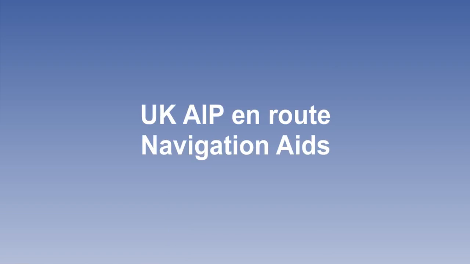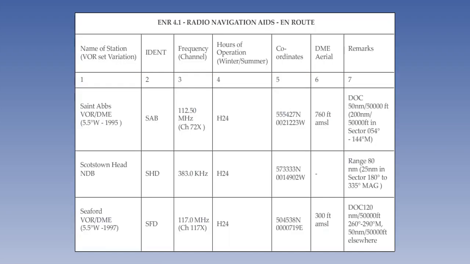We shall now look at UK AIP ENR, which is in Part 2 of the AIP and contains the information concerning en route navigation aids. Information regarding certain en route radio navigation aids is shown in tabular form.